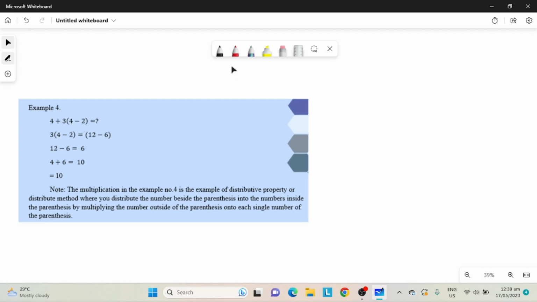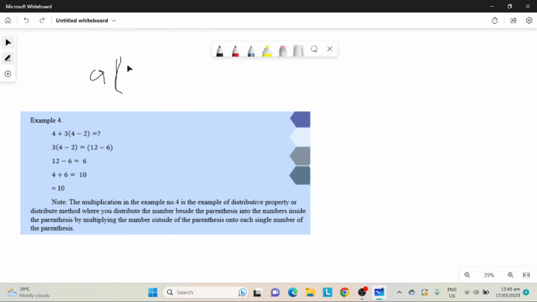We have this method we call the distributive property, or the distribute method, where if we have a number A, and then a parenthesis, and inside the parenthesis we have the number B plus number C, we distribute the number A to number B, and then we distribute the number A to the number C. That's what we call the distributive property. We multiply the number outside the parentheses into the numbers inside the parentheses.